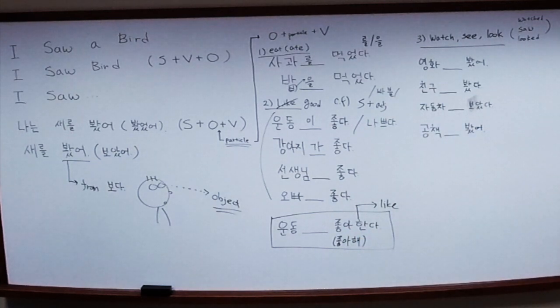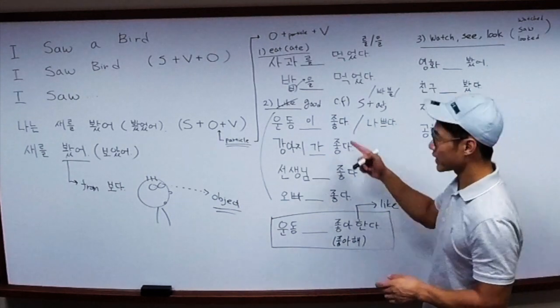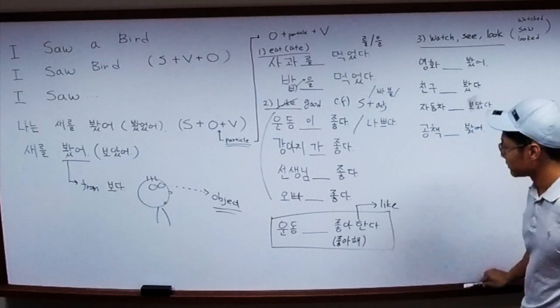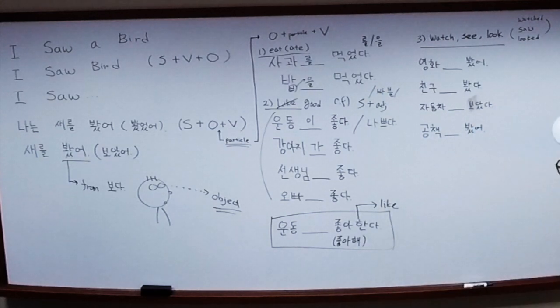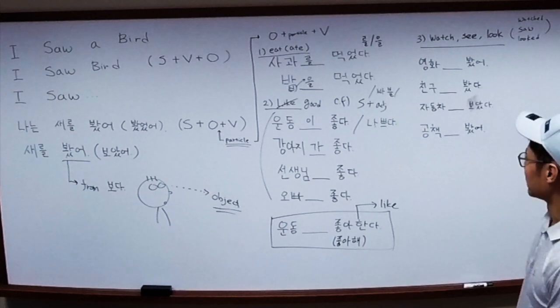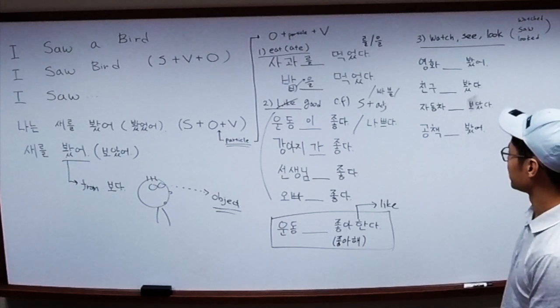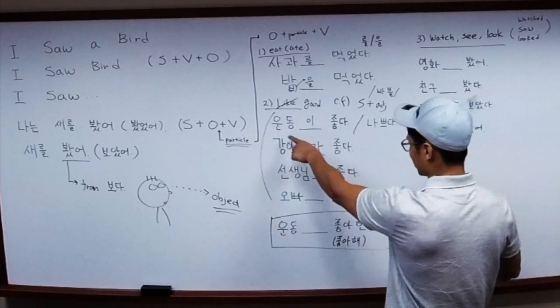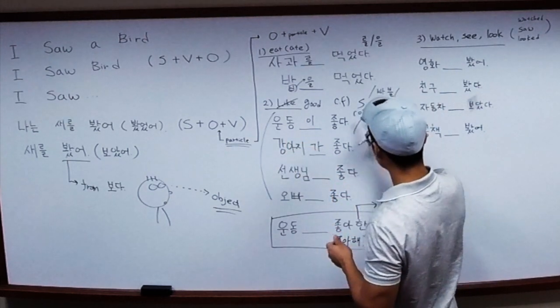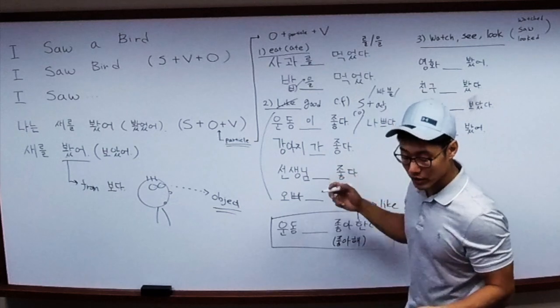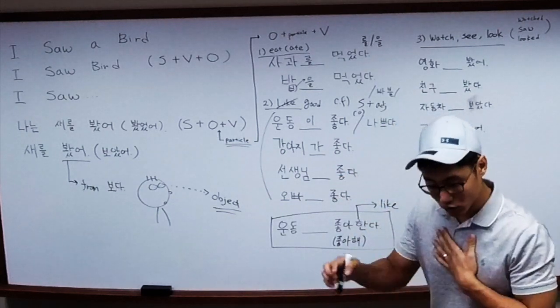Okay? Because 좋다 translates as good, the status of this object, or subject, right? So this could actually be object or subject in both cases, because you can say 나는 운동이 좋다.